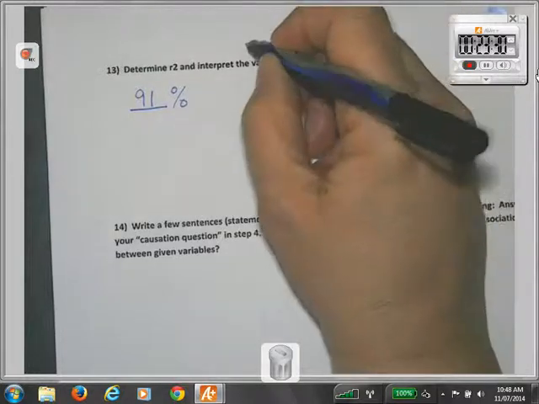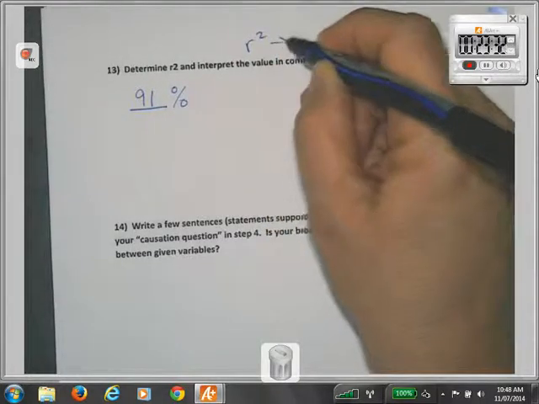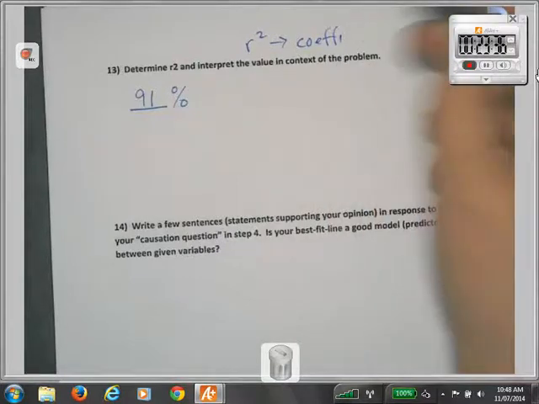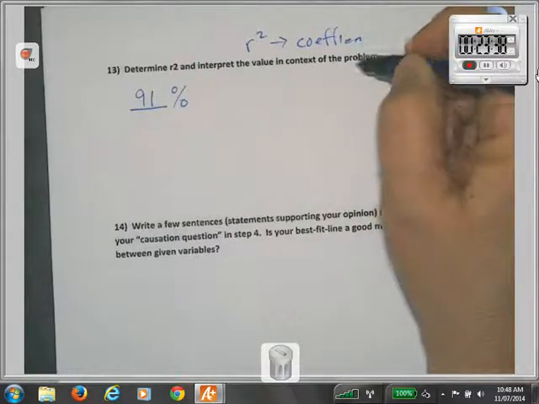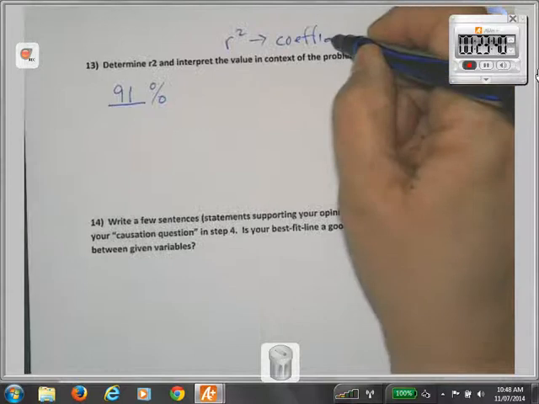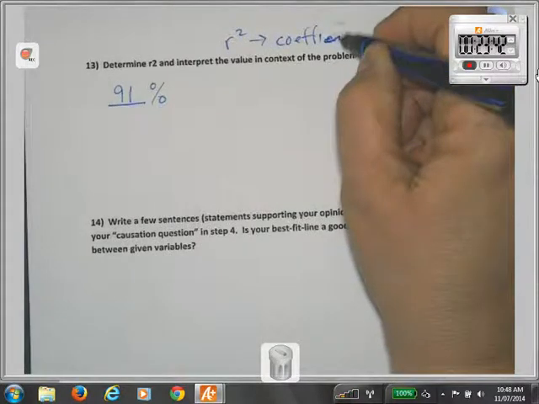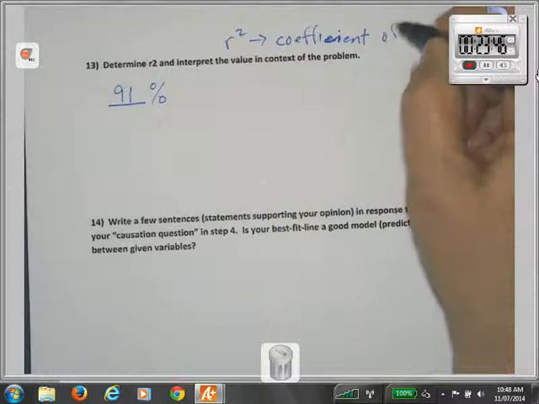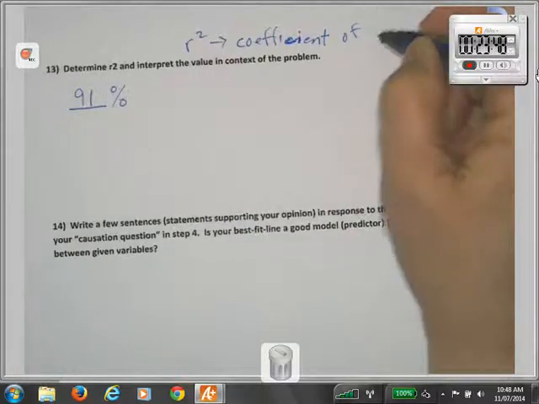R squared is called the coefficient of determination.